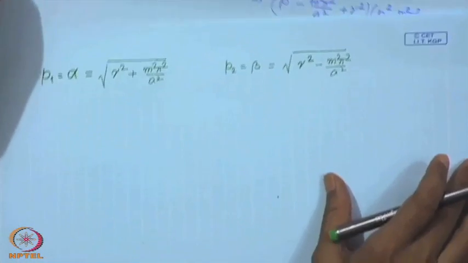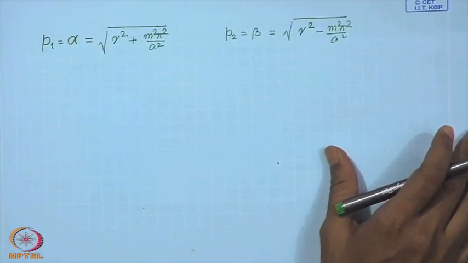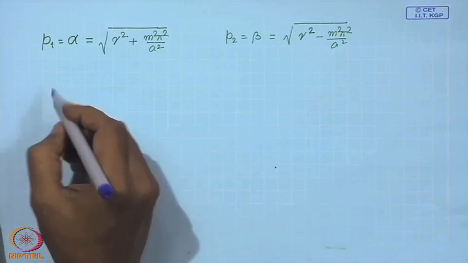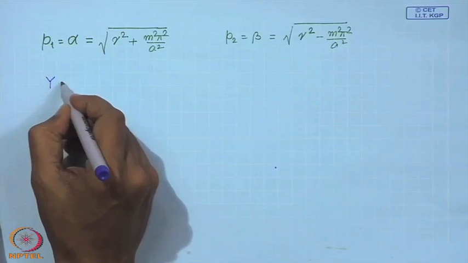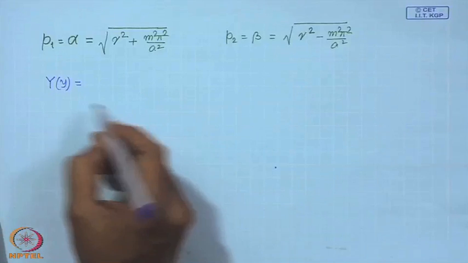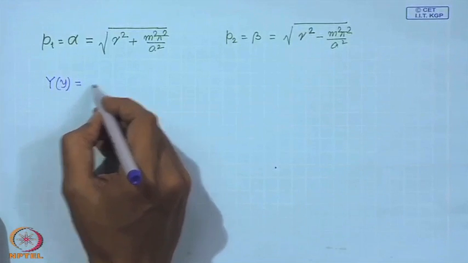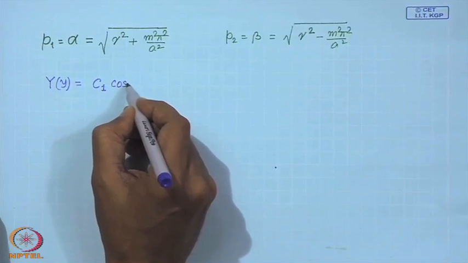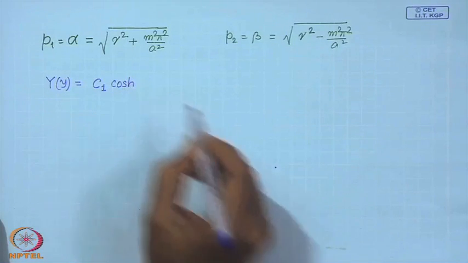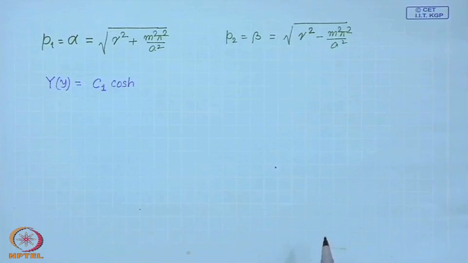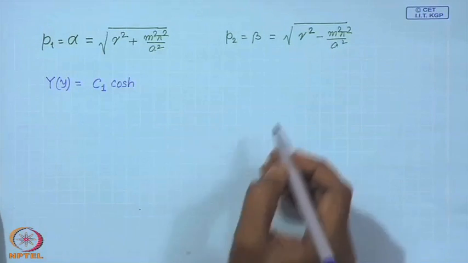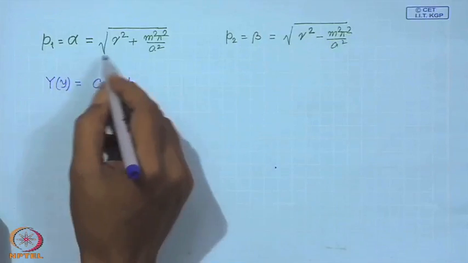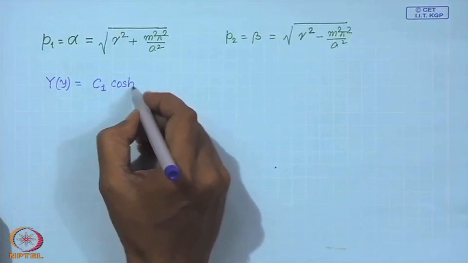So, we have these two solutions, and so correspondingly we can write y as. So if you define this beta in this form and alpha in this form, then I can write the solution.